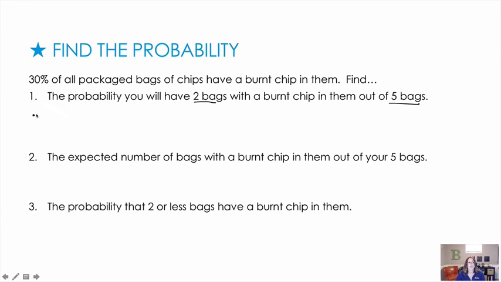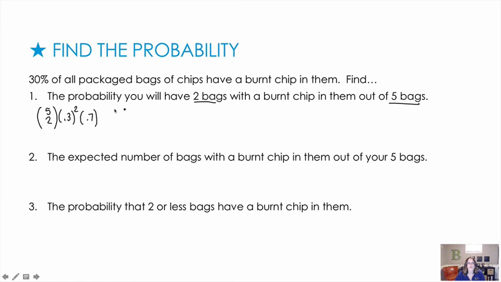So again, if I'm using my n and k and all of that, I'm saying 5 choose 2. And remember, this part is just going to tell us the number of different ways that that can happen. And then the probability of success is 0.3, if you call burning your chips a success. So 0.3 squared, because 2 of them have burnt chips, and then 0.7, which would be the non-burnt chip bags.